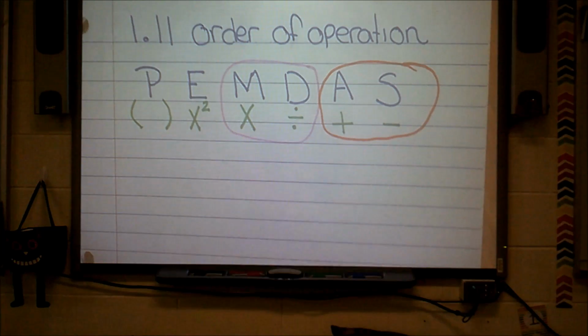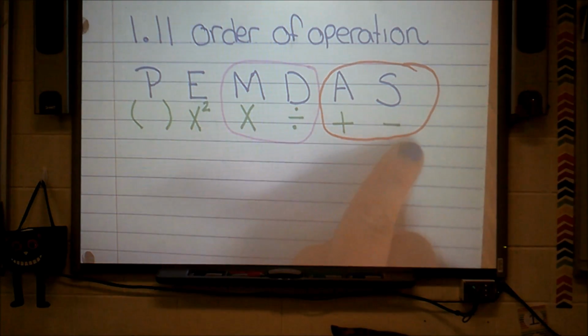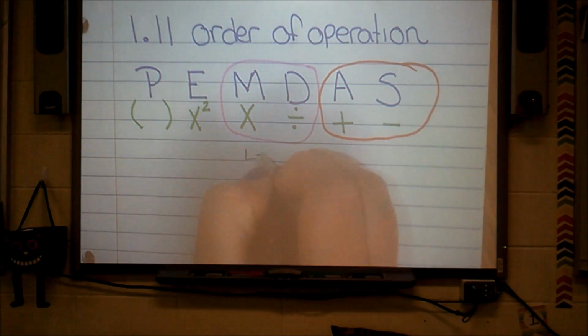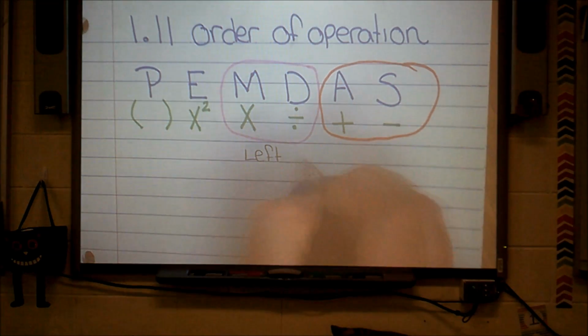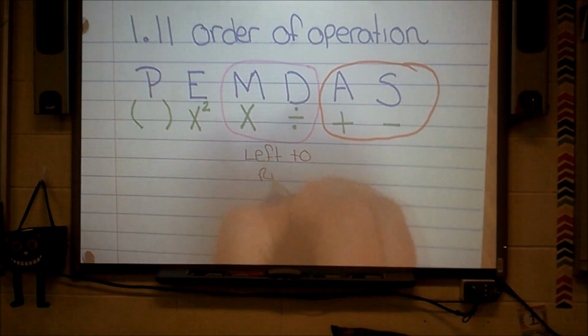They are not one next to another where you have to do all multiplication before the division. Say no, no, no. Multiplication and division and addition and subtraction go left to right.